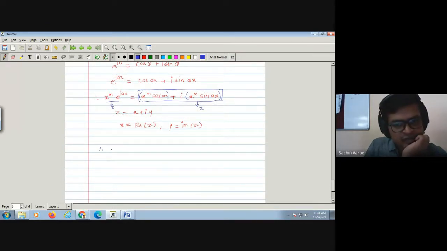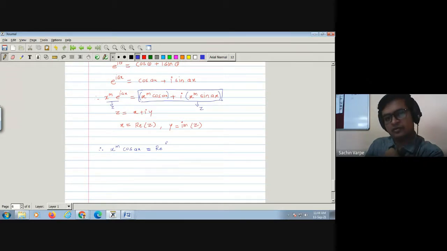So from this I can write, therefore, x raised to m cos ax is the real part of this complex number, right? The real part of the whole, the real part of this. That means the real part of the left hand side, the real part of x raised to m e to the power i ax.